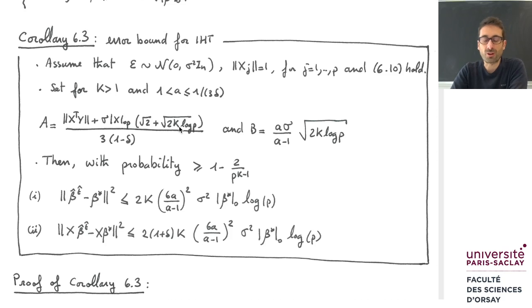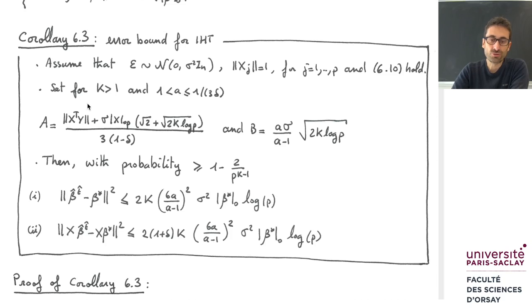So this is an error bound for the iterative hard-thresholding algorithm. As always, we stay in the Gaussian setting. We assume that all the columns of X have norm 1, and we assume also that the restricted isometry property condition holds.